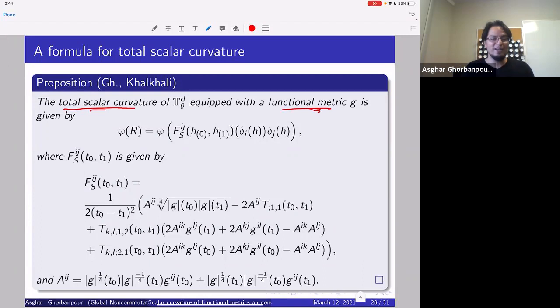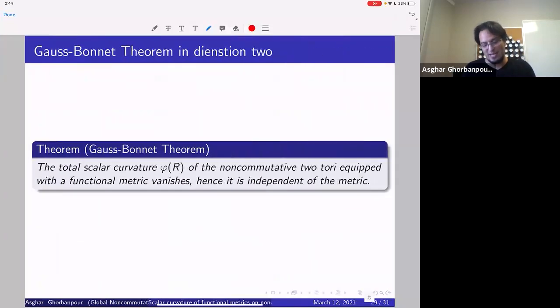And one good outcome of this is that when we go to dimension 2, we see that the total scalar curvature for any functional metric you fix on the two-dimensional non-commutative tori will vanish. And that is some version of Gauss-Bonnet, meaning that the total curvature is independent of the geometry you choose.